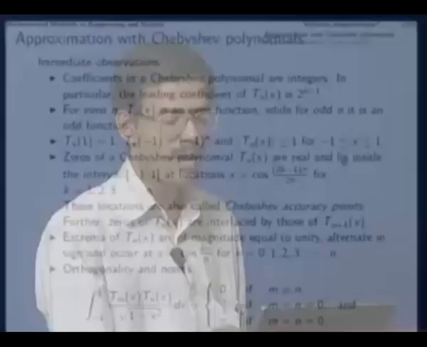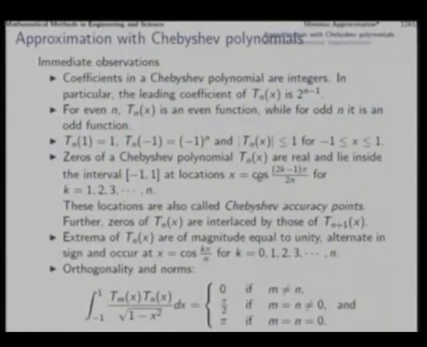The zeros of the Chebyshev polynomial are all real and lie within this interval. But the locations of the zeros of Chebyshev polynomials turn out to have very particular significance. They are at these locations, and these locations are called Chebyshev accuracy points. Why? That we will explore further.